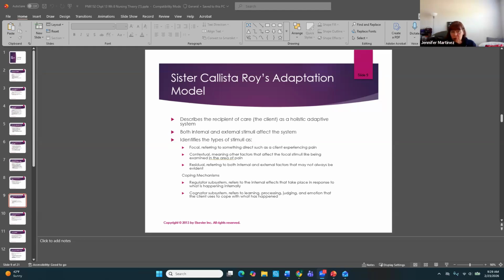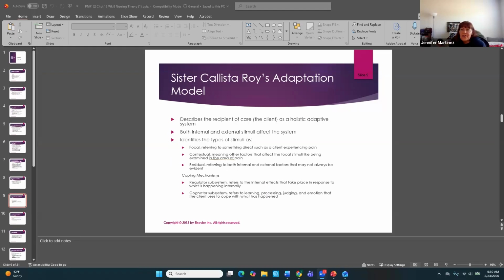We know that this is culturally based too in a lot of ways. Everybody expresses pain differently, right? Some people are very stoic, some people are very open about the pain that they're experiencing. So those are the two coping mechanisms that she identifies.